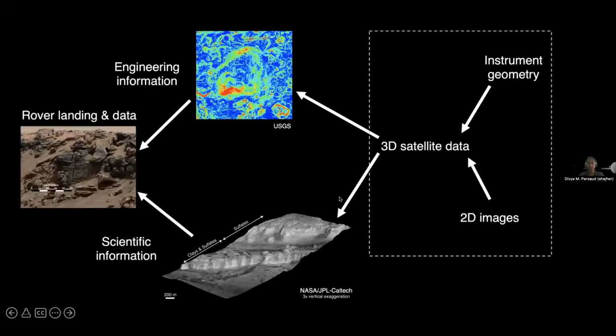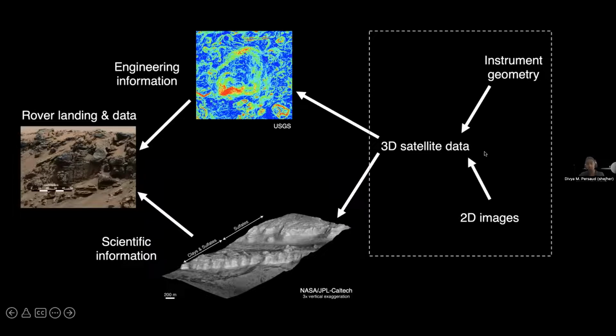So if we think about 3D images from satellite data going towards the end product, we want rover landing data. So we have the scientific information, the engineering information coming from the 3D satellite data. And what goes into that is the instrument geometry and 2D images. And the magic happens here with the image processing.